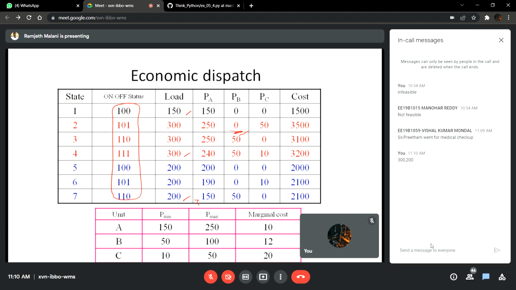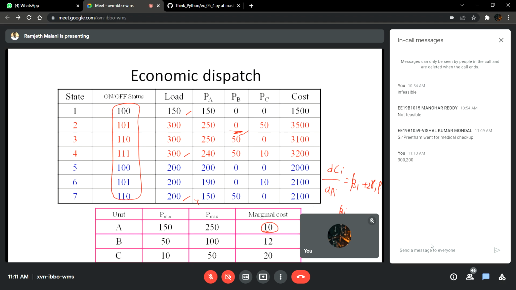For the cost function, we were not given a full cost function. We were given the marginal cost. Marginal cost means dCi by dPi, which generally will be equal to beta i plus 2 gamma i Pi. Here it's given as a single value, meaning the beta i value is given.